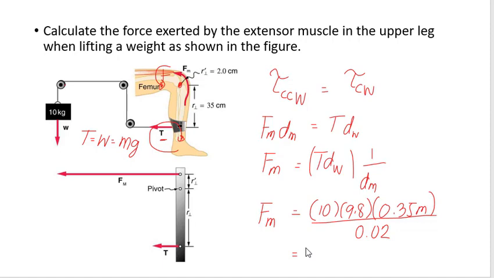Therefore, we now have 10 times 9.8 times 0.35 divided by 0.02. Here, our answer is 1.715 times 10 to the third, or that's equivalent to 1,715 newtons.